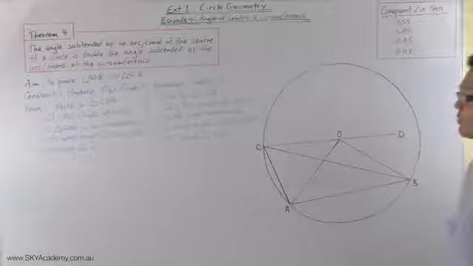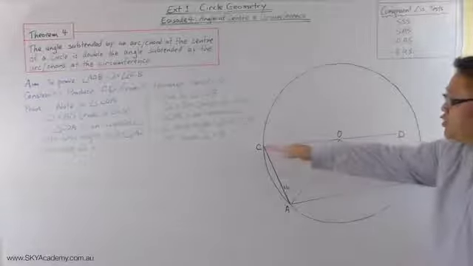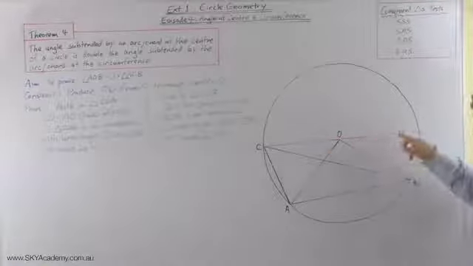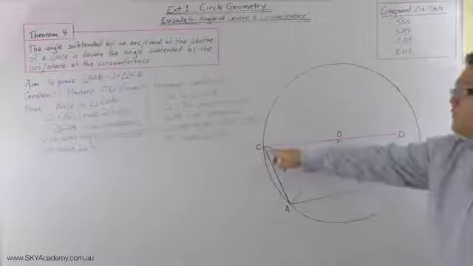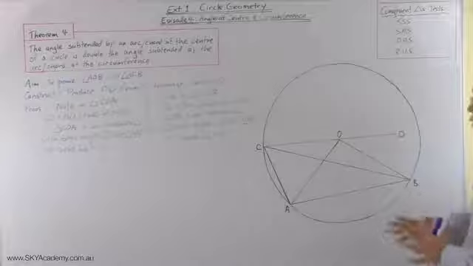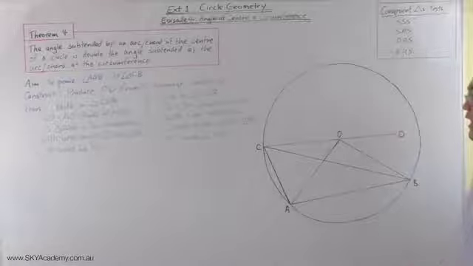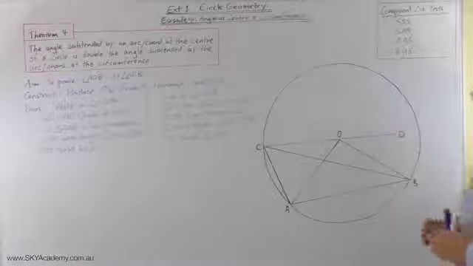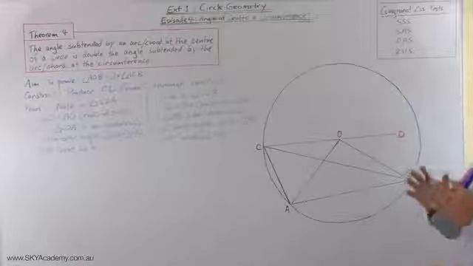I've started this proof off by producing the line CD through O starting from C, so I've produced that line there. That's going to help us out. And the next thing I want you to know is that that actually creates for us two isosceles triangles.